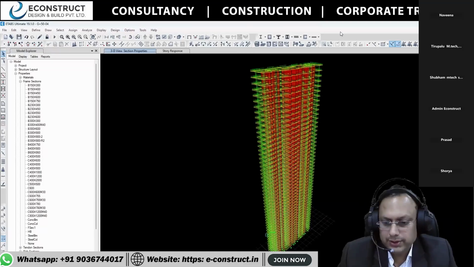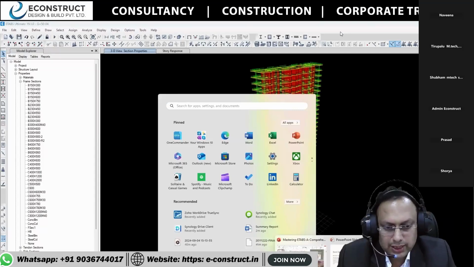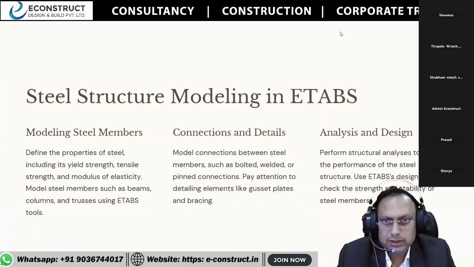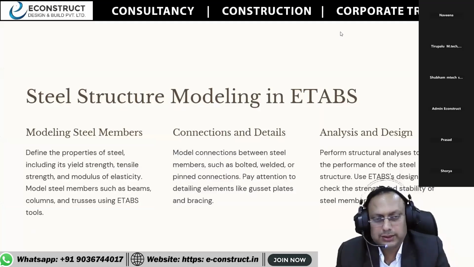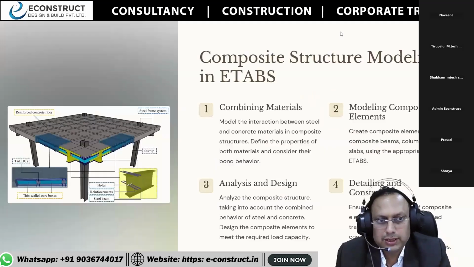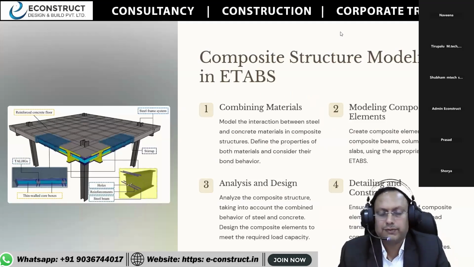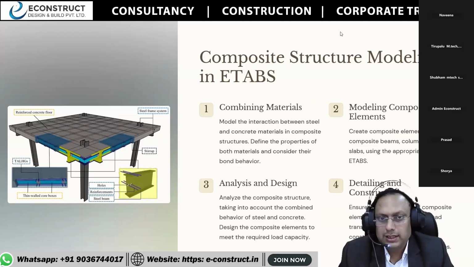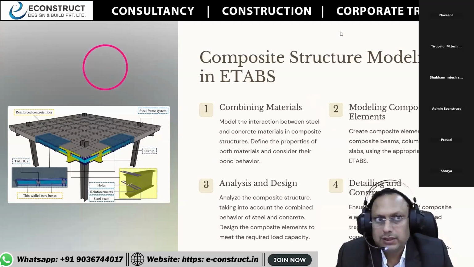So this particular software is extremely important for you to master, and connection and many other things are there actually over here. Analysis, composite also it can do. There are 3 types of composite systems. The one which I showed you inside the RCC column, you will have the I section.